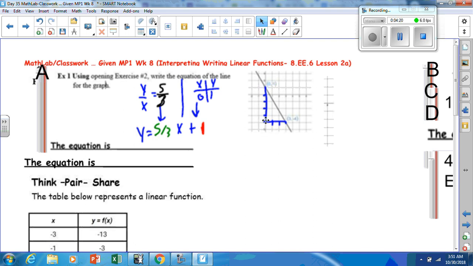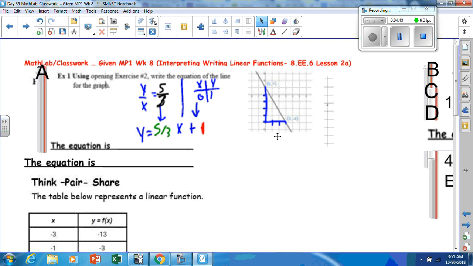Now, I want to calculate my y-intercept. Remember, we just talked about the value of y when x is 0. So I see that here x is 0. When x is 0, y is 1. That 1 comes down.